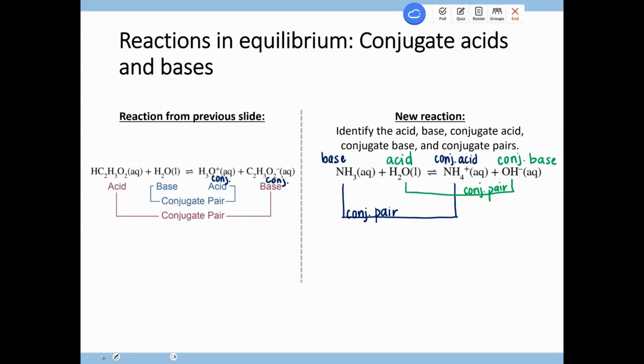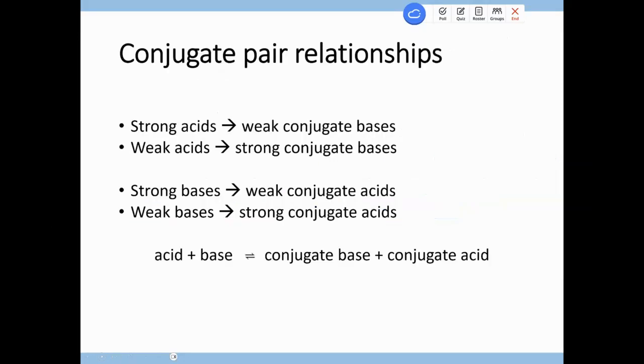Okay. So we see here the bases have a conjugate acid, acids have a conjugate base. The strength of the acid or base provides information on the strength of the conjugates. So here's the trend. For acids first, a strong acid will produce a weak conjugate base. A weak acid will produce a strong conjugate base. Strong bases produce weak conjugate acids.